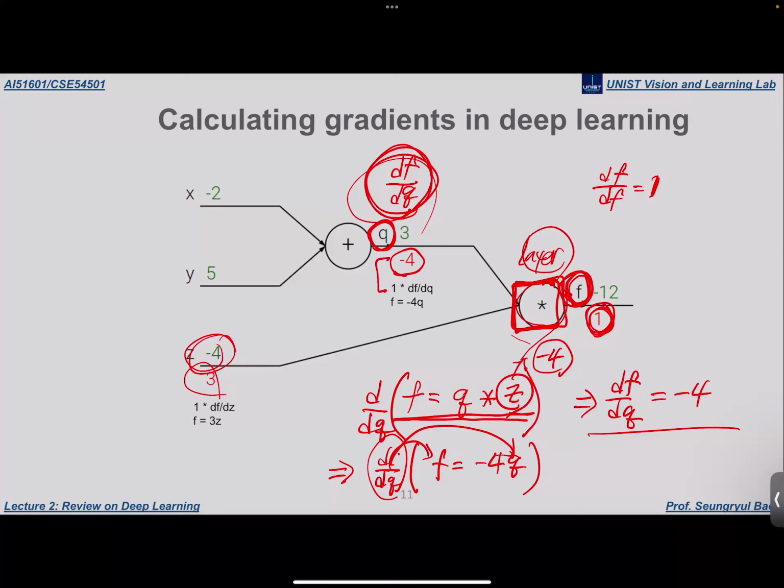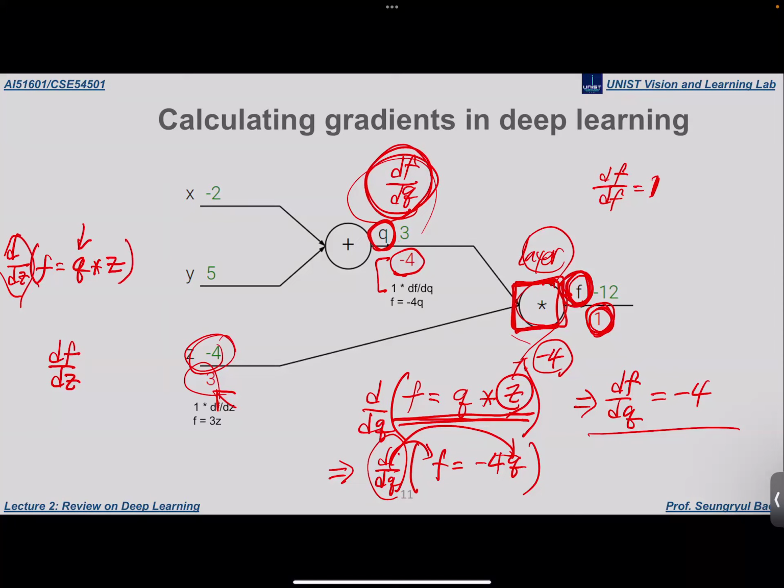And at the same time, for this node, we have to calculate df dz. Again, the same rule could go here. And this time we will apply d dg, right? We can interpret q as constant this time.